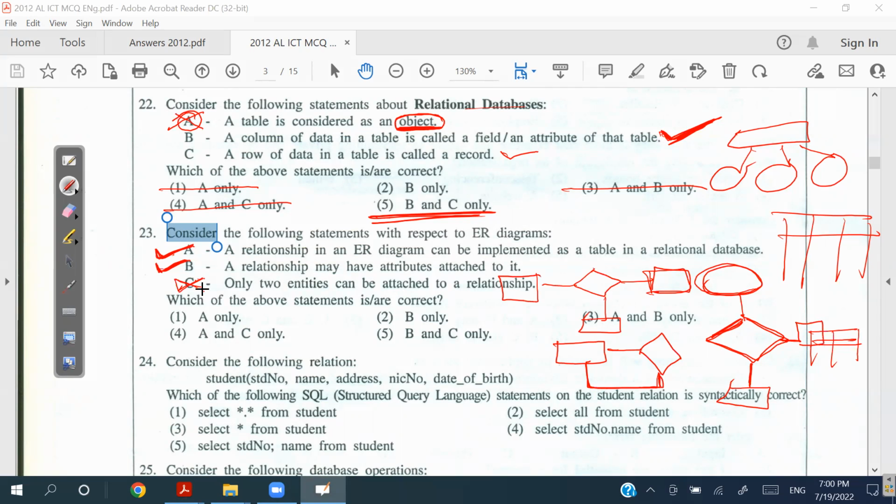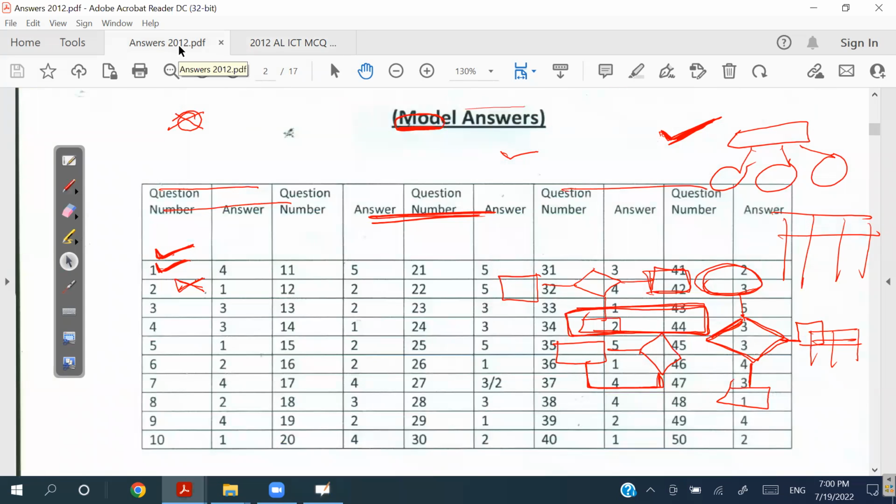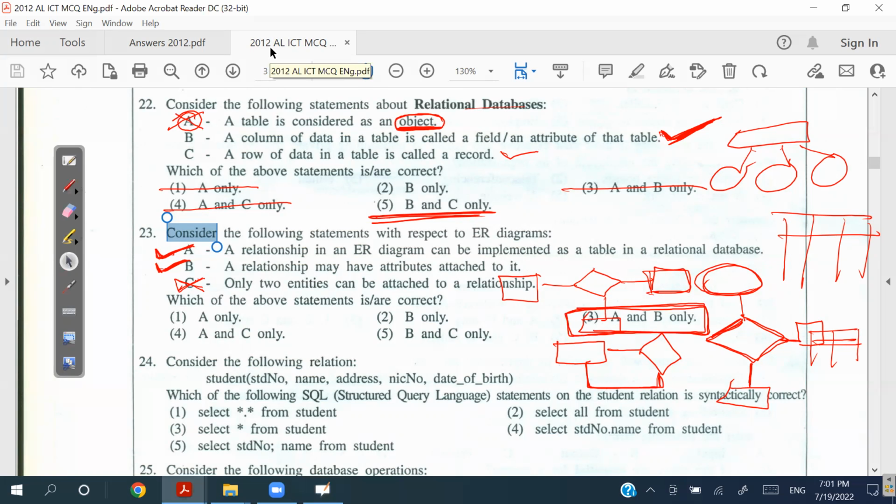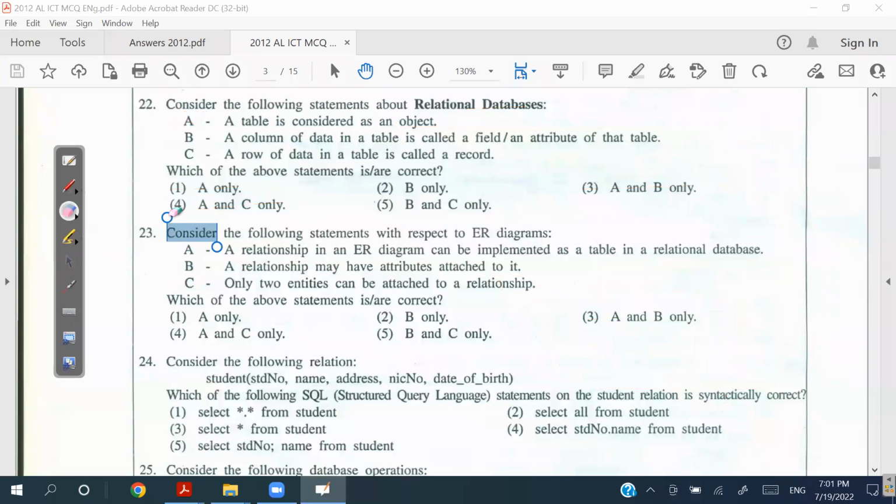Now, the third one: A and B only. Third one is the answer. Let's check the answer, 23rd. Yeah, 23rd, third one. Right, people, is that clear? Right, great.